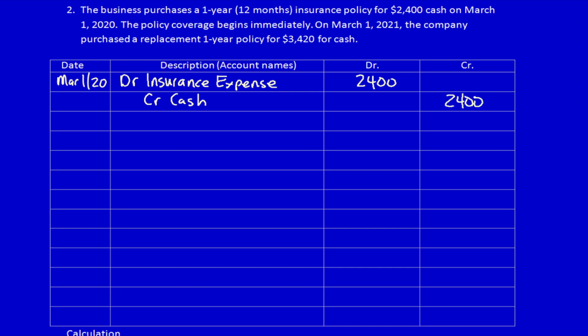$2,400. Now, fast forward to December 31st, 2020. What did the company actually consume? Let's page down, do the calculation. I'm doing it for December 31st, 2020. What was used? Well, from March 1st all the way to December 31st, we used the policy to protect the company, and therefore we have used or consumed it.